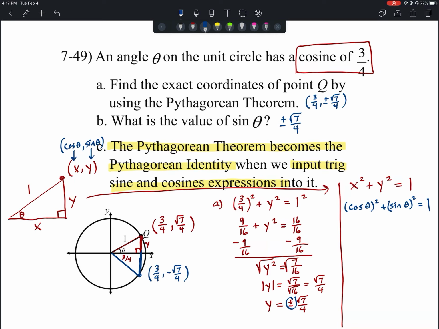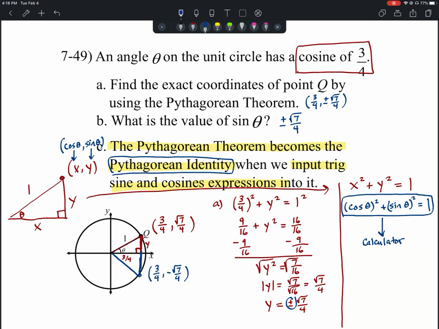So what you're seeing now is this Pythagorean identity that it's talking about is just a different form of the Pythagorean theorem. Okay, it's when we don't have the x's and the y's, and we now have the trig functions. Now, you're not going to see it written that way a whole lot, okay? This way here is really good for the calculator, right? If you're going to type it into the calculator, you're going to have to write it like that.